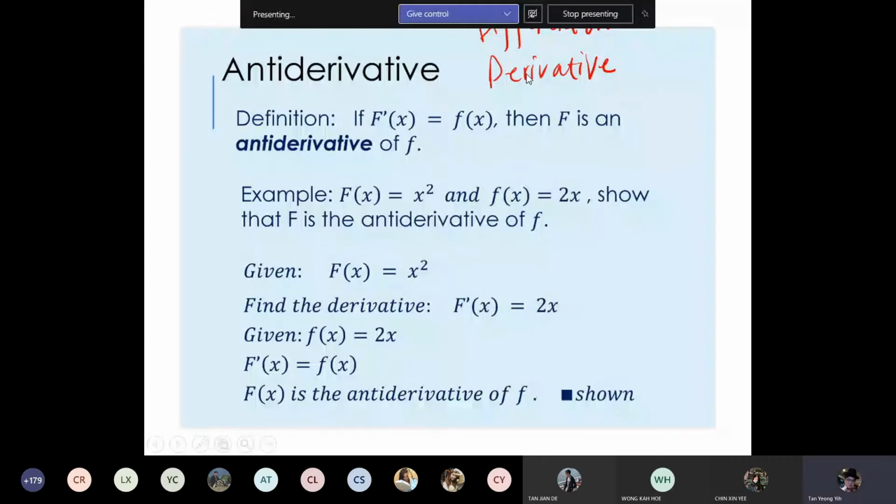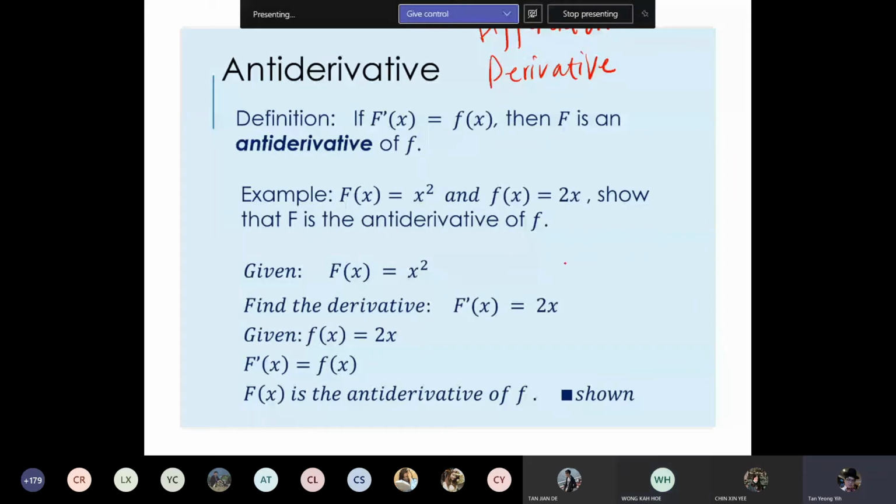Differentiation and derivative. Any different, or no different? No different. Okay, partially correct. Actually, they are slightly different, but basically they are the same concept.